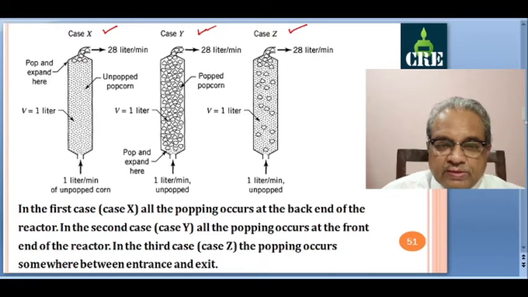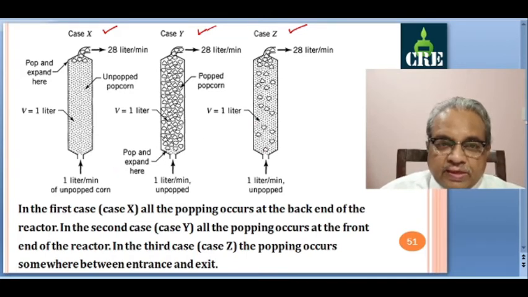In the first case, all popping occurs at the back end of the reactor, at the end mostly. In case Y, most of the popping happens here and this travels upwards. And in the third case, popping occurs throughout the zone, between the entry and exit.